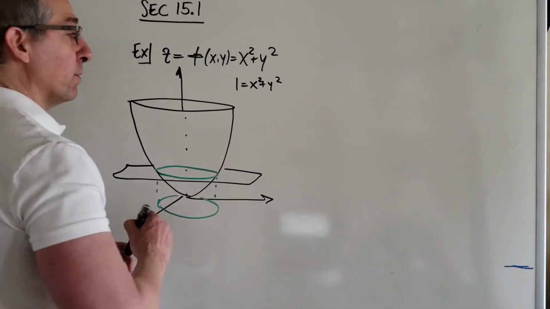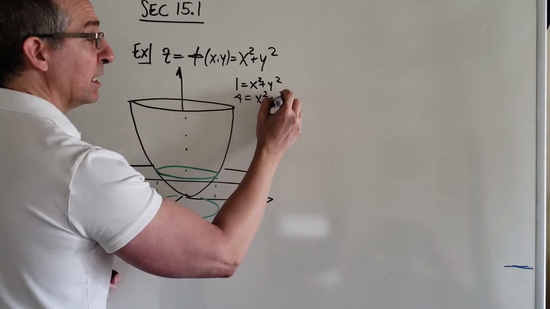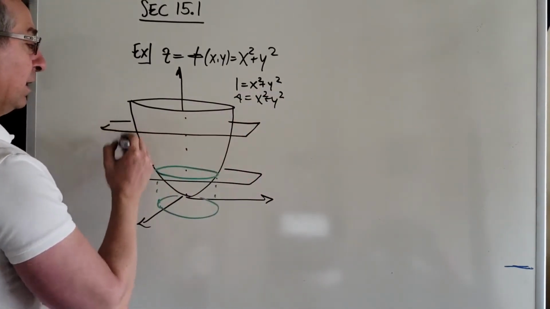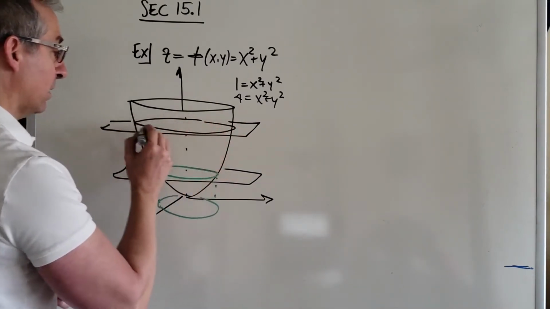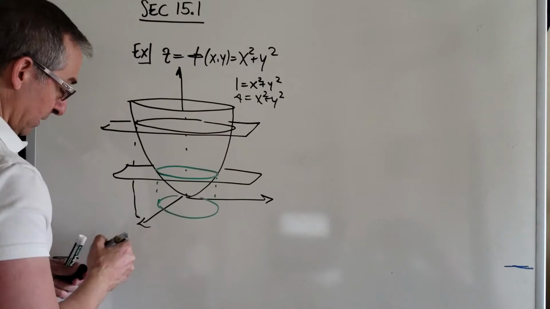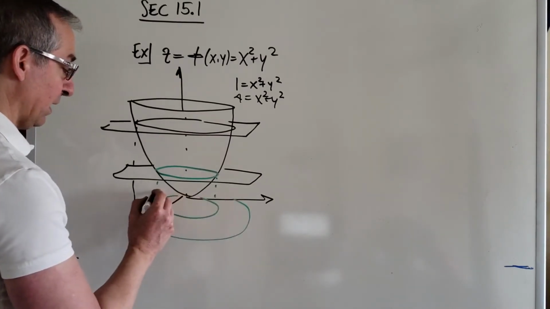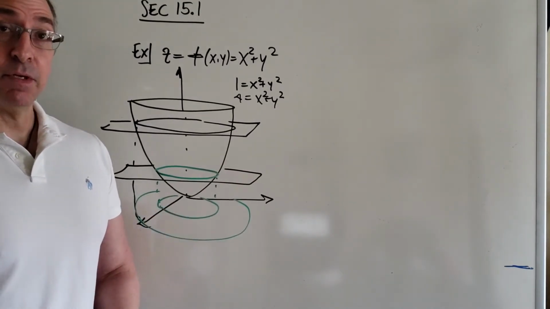For z is equal to 4, that'd be about up here. All right, that level curve projected downward. So the next one would look like this. So what you're going to have then, gang, is concentric circles, okay?